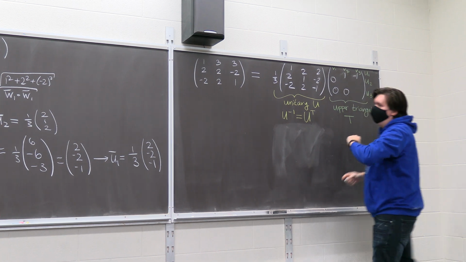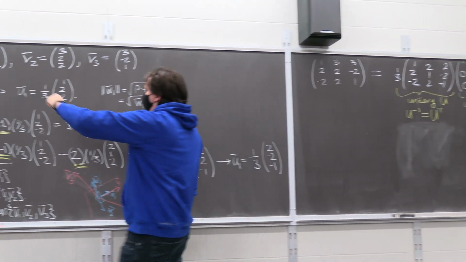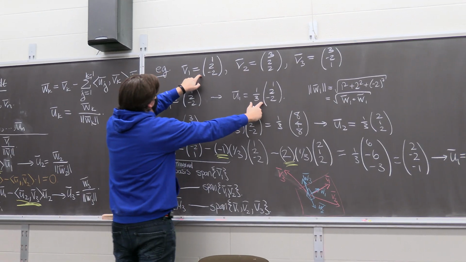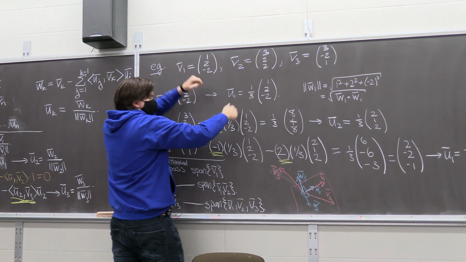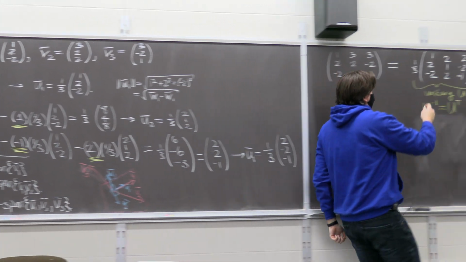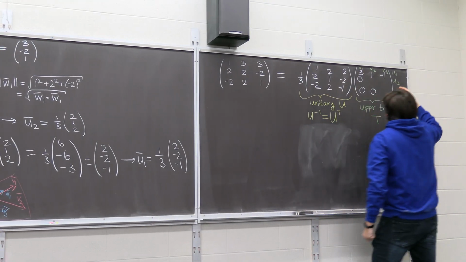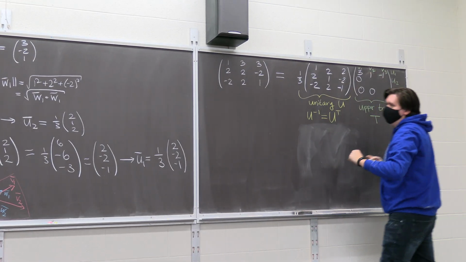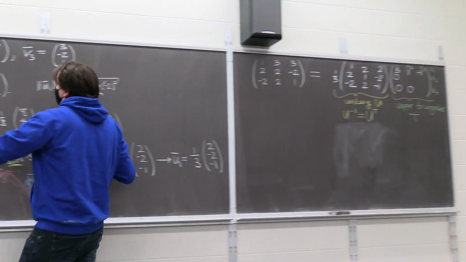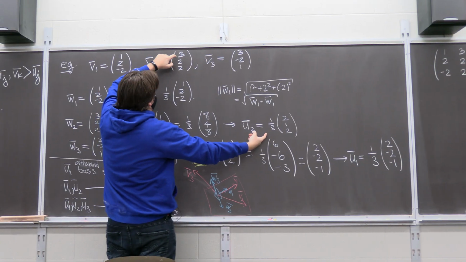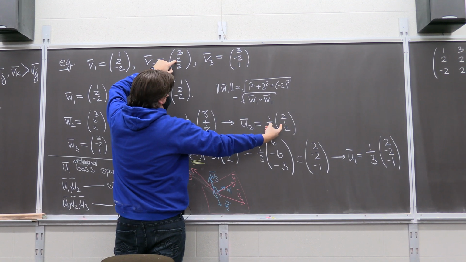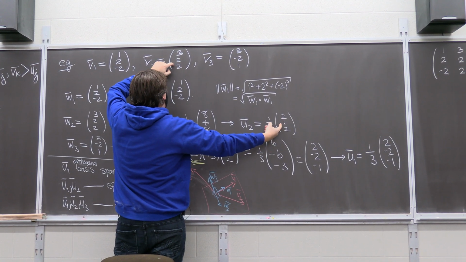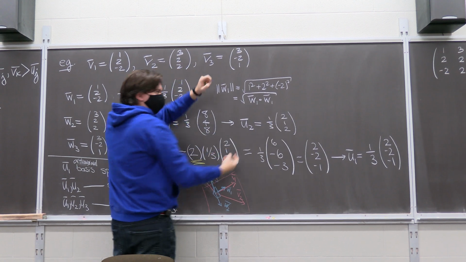And what's u1.v1? Well, u1 and v1 gives you 9 times a third, which is 3. What's u2.v2? u2.v2 is 6. Oh, numbers are hard. 4, 6, 6, 12 divided by 3 is 4.